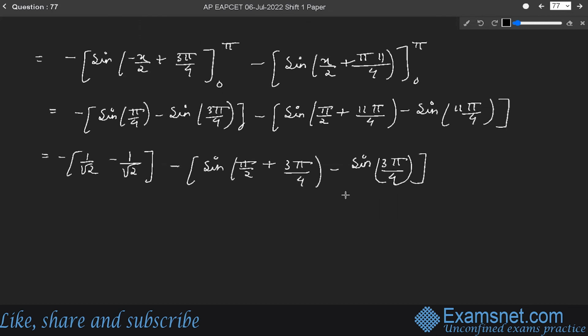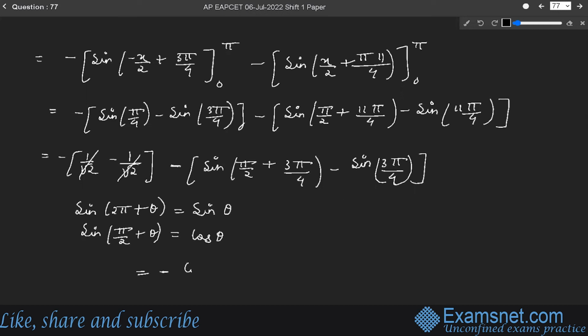Again 1 by root 2 minus 1 by root 2 is 0, and we know that sin 2 pi plus theta is equal to sin theta, and sin pi by 2 plus theta is equal to cos theta. Since here is a negative sign, so it will be equals to minus of cos 3 pi by 4 minus sin 3 pi by 4.